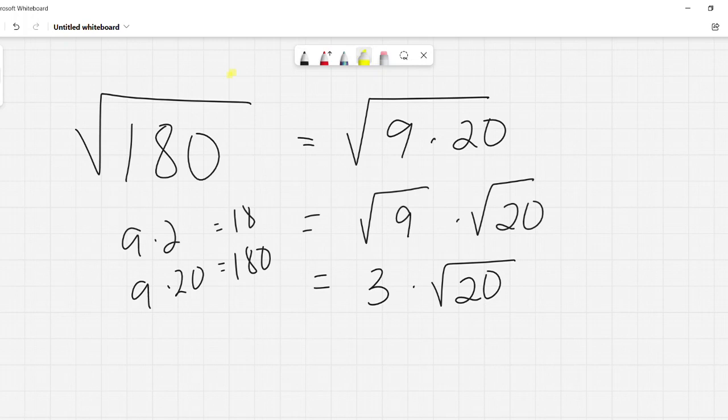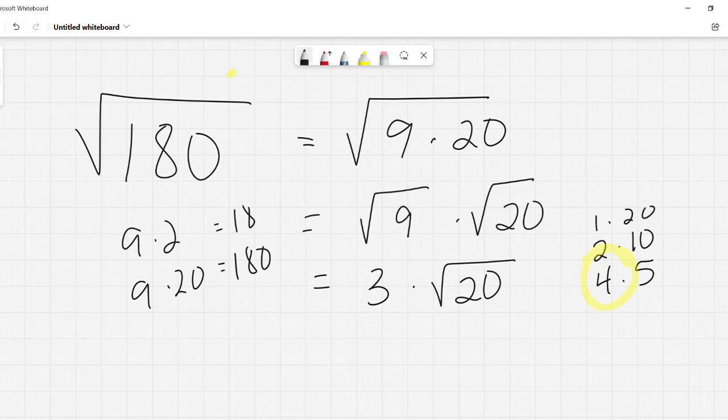It's always, always, always a good idea, even after you pull out one square, to see if there's any left. What is 20 equal to? 20 we could say is 2 times 10. Of course, 1 times 20. 2 times 10 and also 4 times 5. Hey, 4, that's a perfect square.